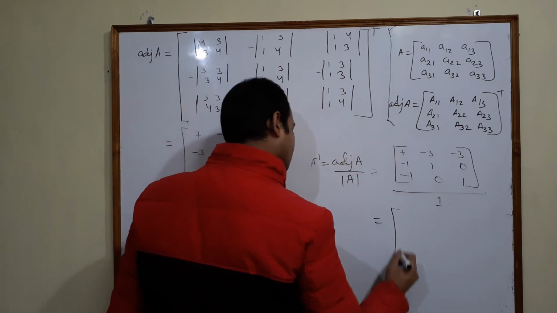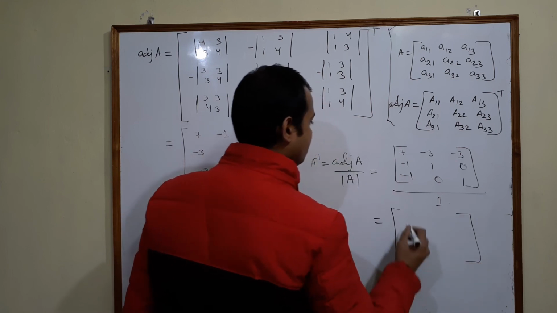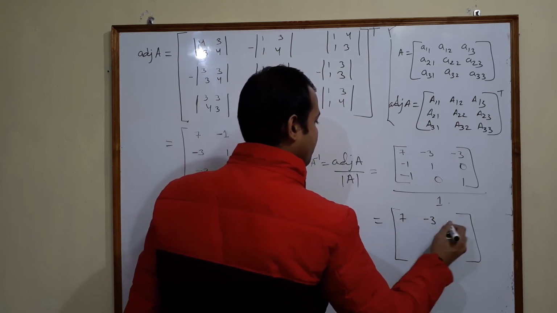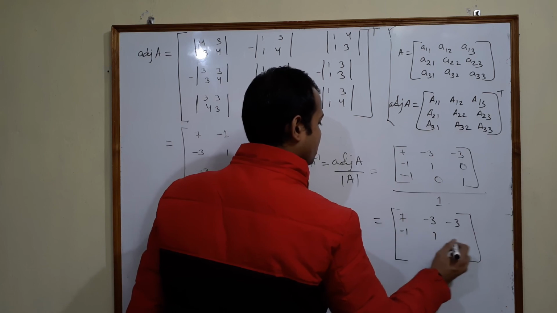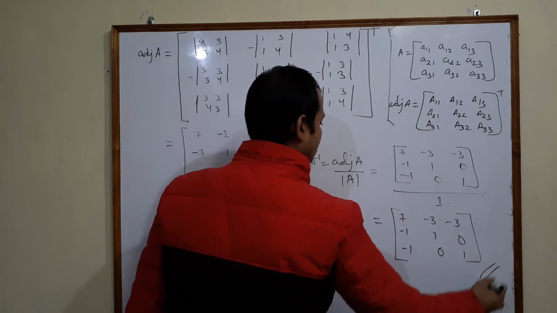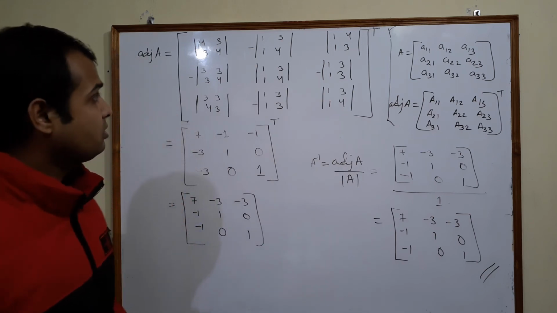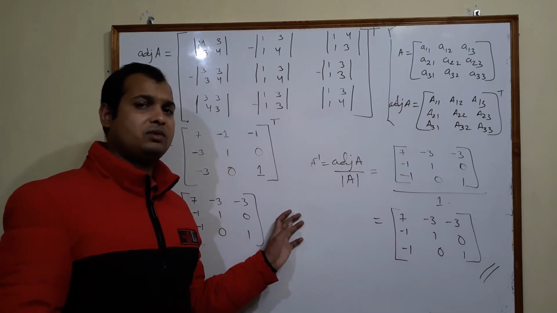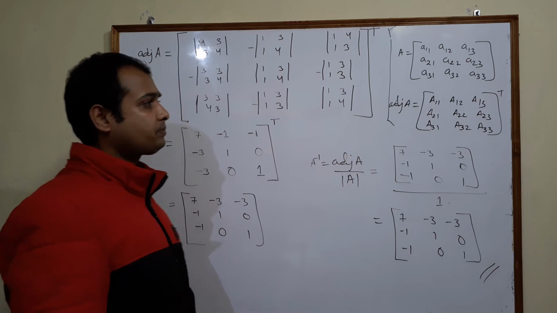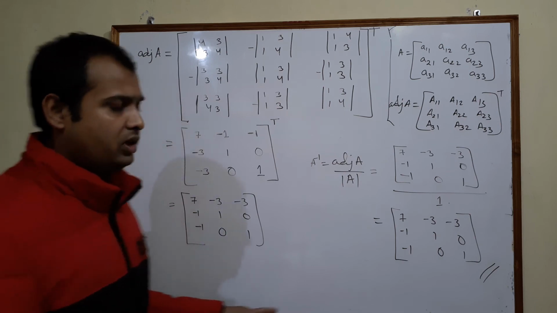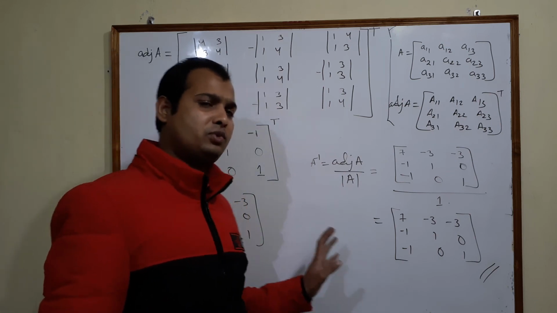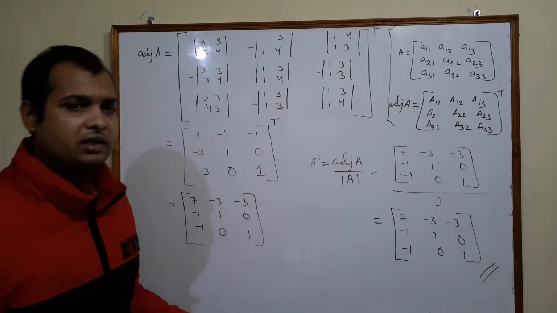Again you get the same thing. So this is how we find the inverse of a 3 by 3 matrix. In this video we covered how to find the inverse of 2 by 2 as well as 3 by 3.